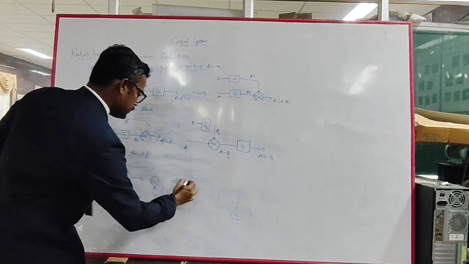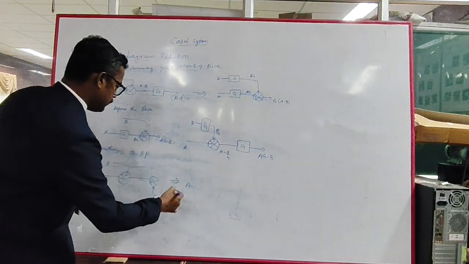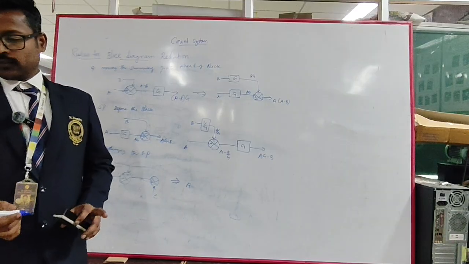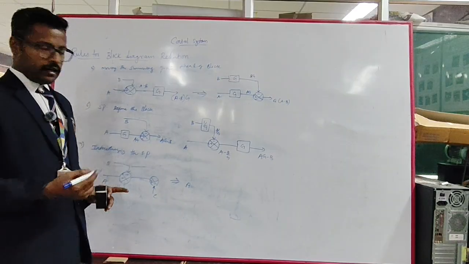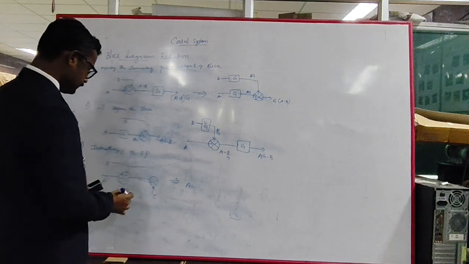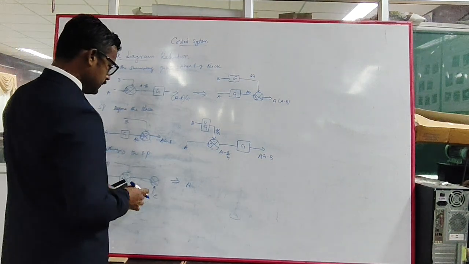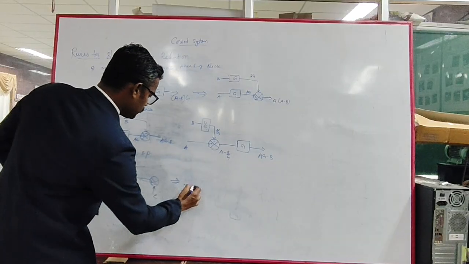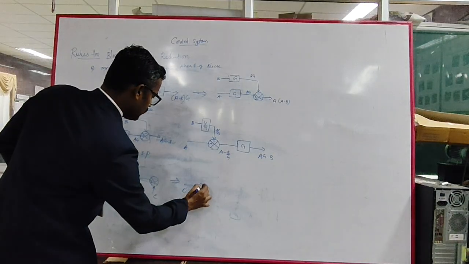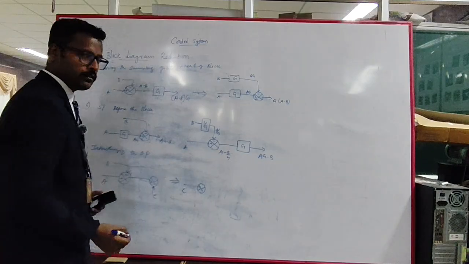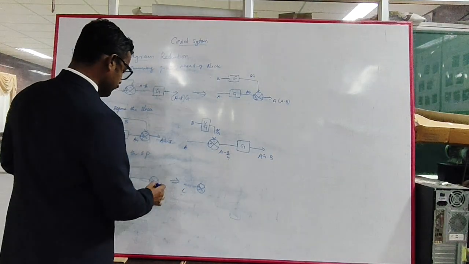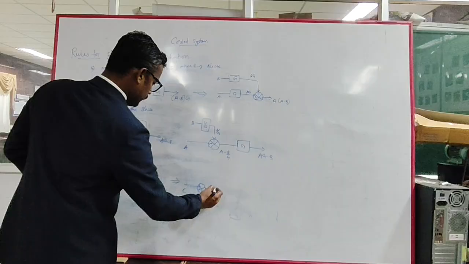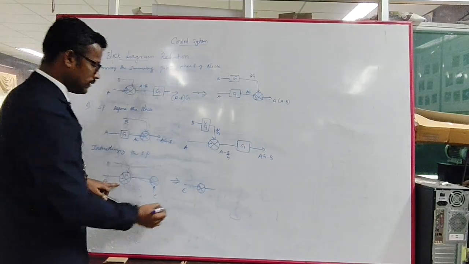Okay, that means first you can take A and C will be added, and after that, if you take that, the first summing point is coming here, so that is a C. The C is added up with a minus, and that result is given to the second summing point.